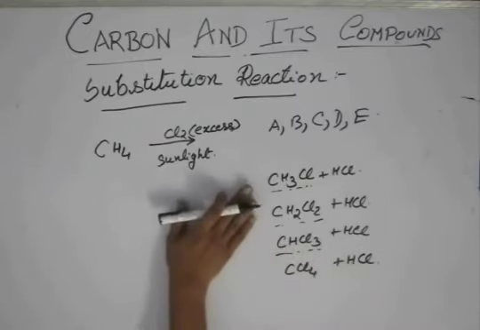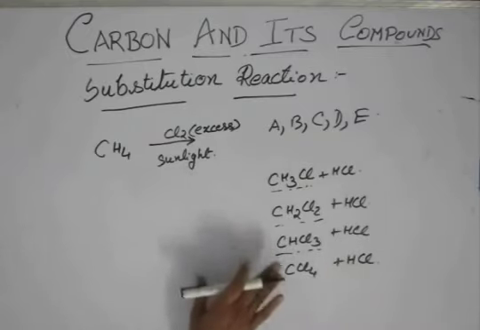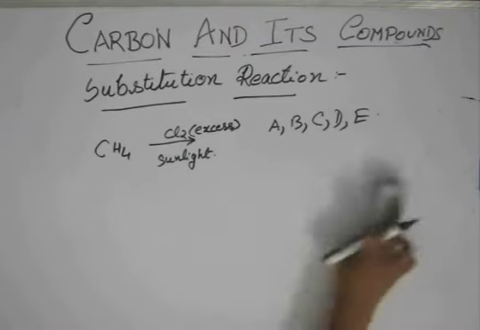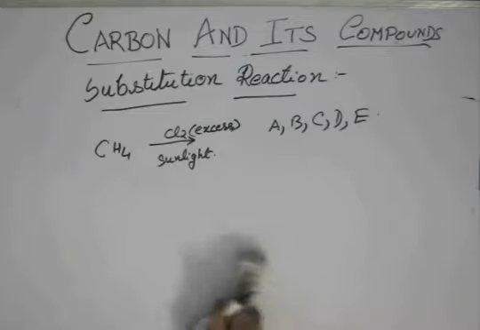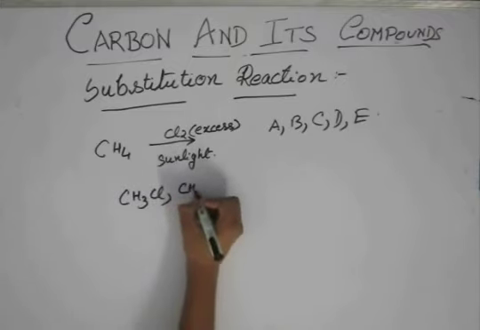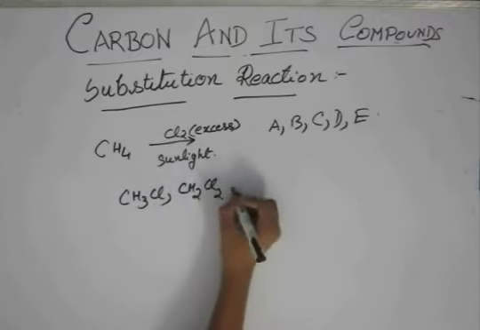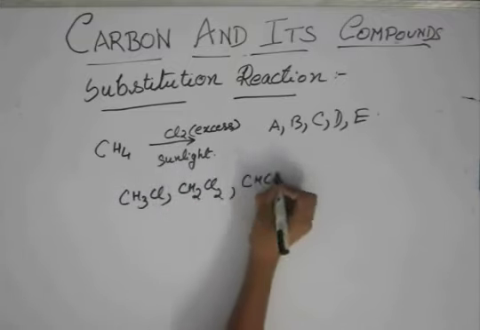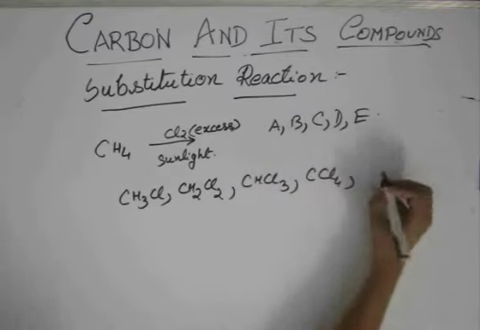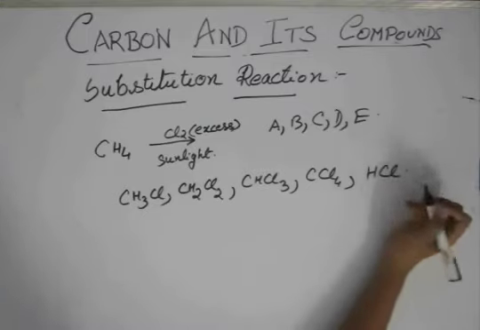So if you have to name all the 5 products, then it will be CH3Cl, CH2Cl2, CHCl3, CCl4, and don't forget HCl.